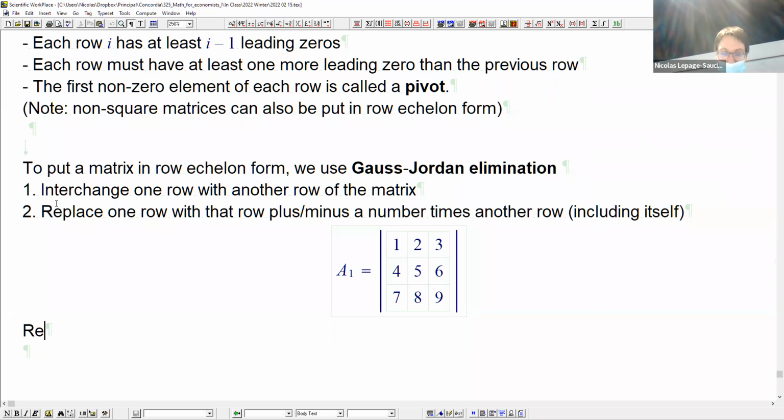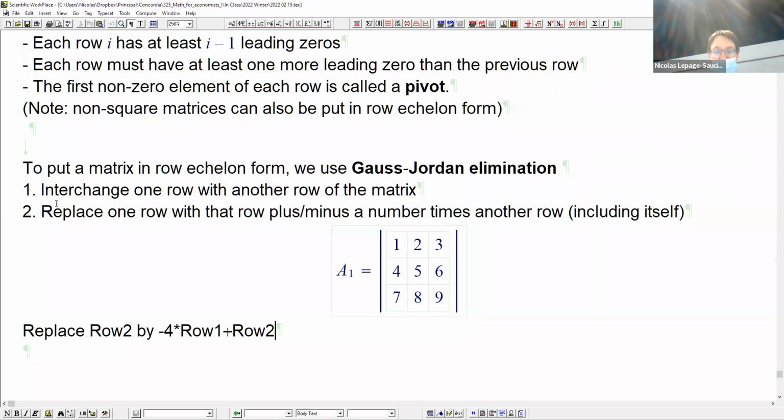So replace row 2 by minus 4 times row 1 plus row 2.